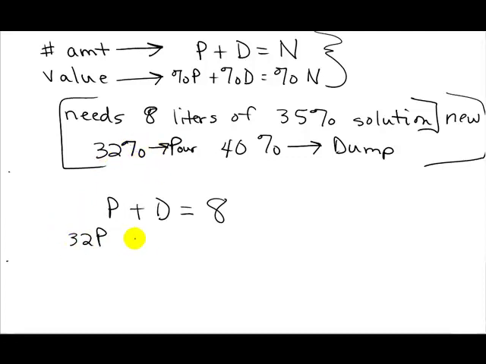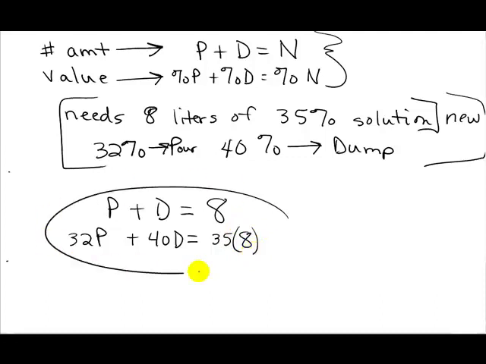You don't have to worry about putting decimals here or the percents. And then the 40% of what we dumped. And then the new is the 8 liters. That's the N. But the percent is here, that 35. So 35 times the 8. Okay, so this would be how we would get started with number 4.